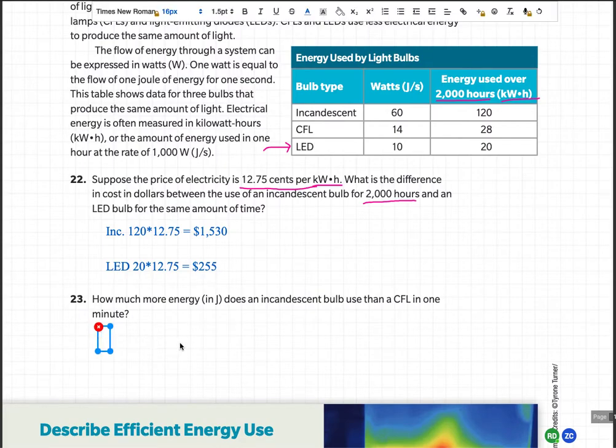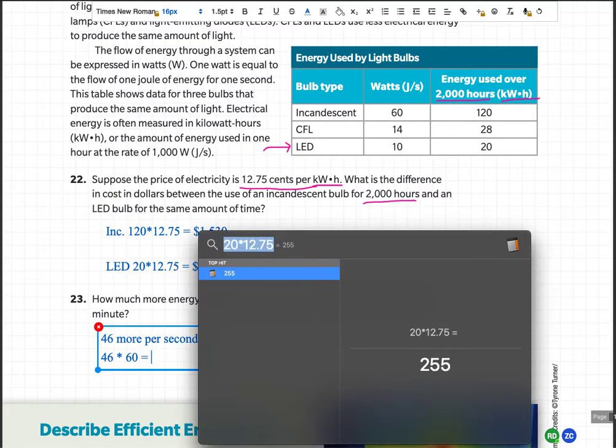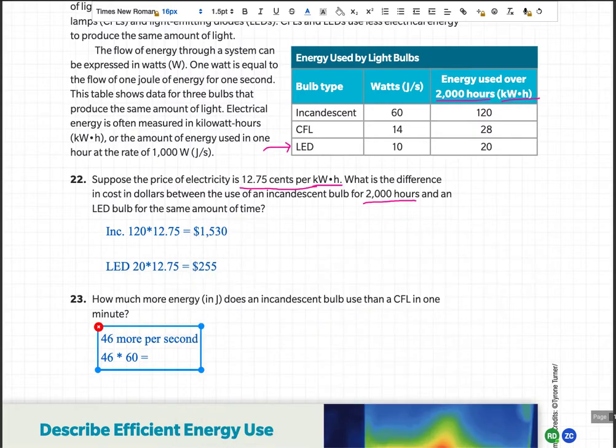So it is 46 more per second. So to figure out the minutes, it would be 46 times 60 for 60 seconds. And that equals 2,760.